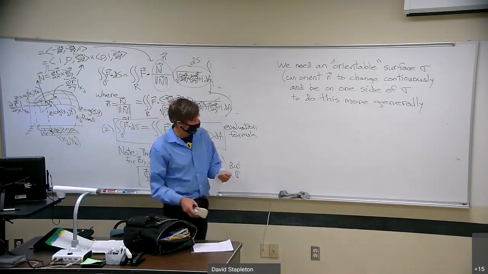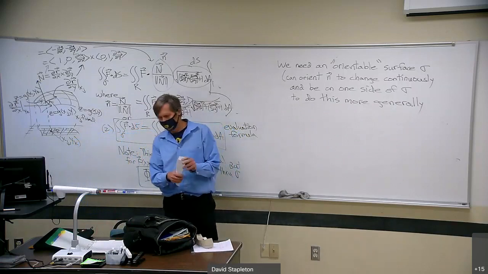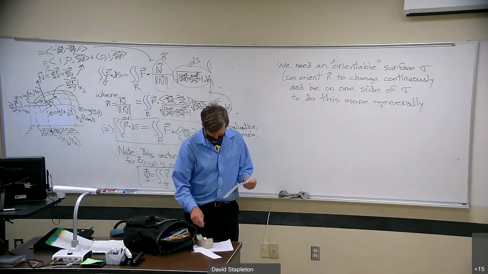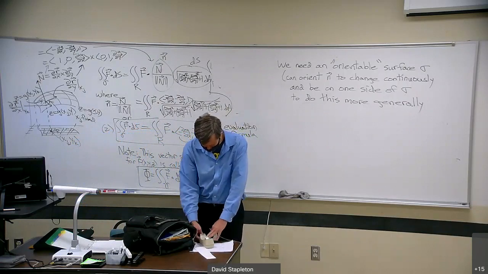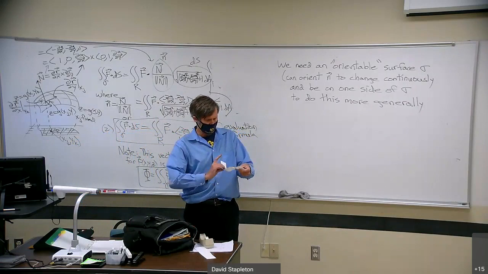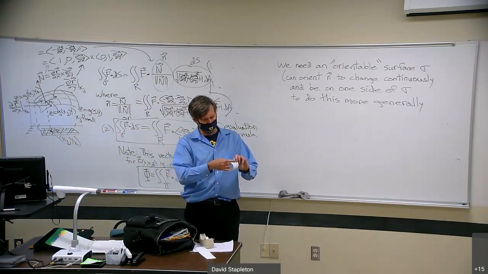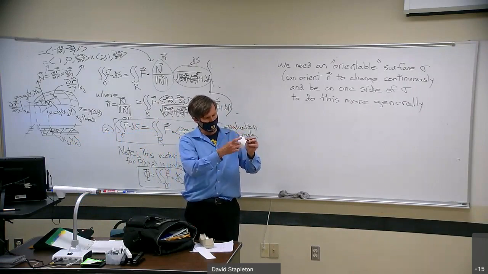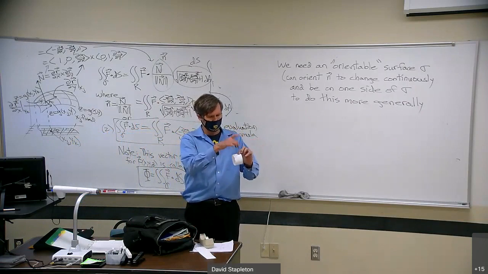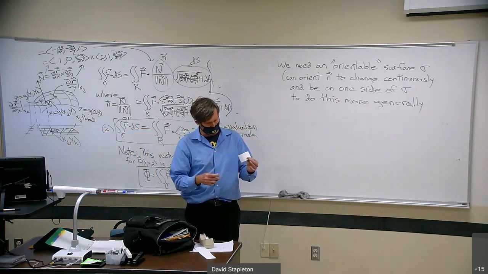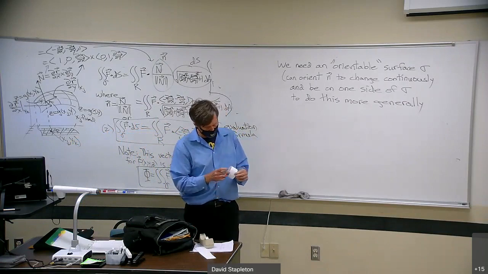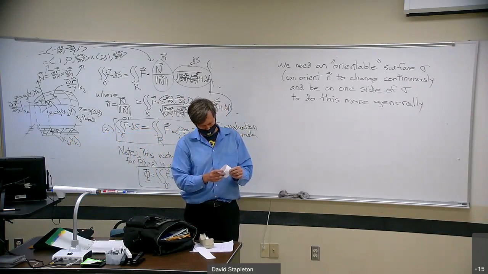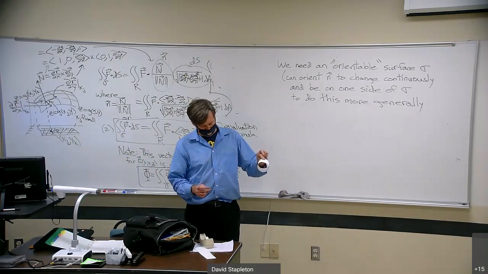So you can take a strip of paper, and I cut a few here, and you can take a piece of tape now. If I take the piece of paper like this, it's orientable because I can make my vectors come out the outside all the way around and change continuously. It's a closed surface, a more general surface than just Z equals F of X, Y.